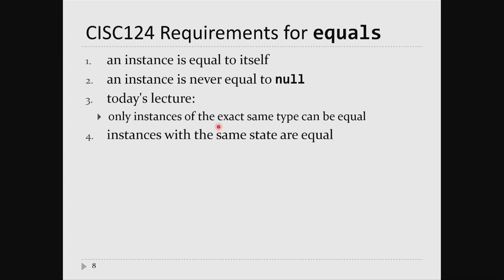Three: today, only Point2 objects can be equal, so I can't have a Point2 object be equal to something else, like a string. That would be weird anyway. Later on in the course, you'll see why three is important. For now, Point2 objects can be equal to one another. And four: instances with the same state are equal, so Point2 objects with the same coordinates are equal.